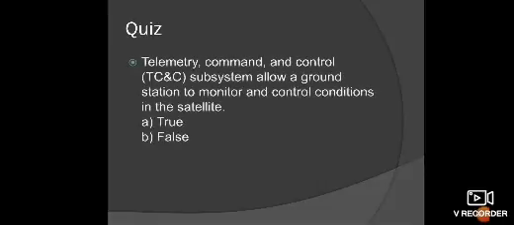Okay, the next question. The telemetry command and control subsystem, that is the TC&C subsystem, allows a ground station to monitor and control conditions in the satellite.